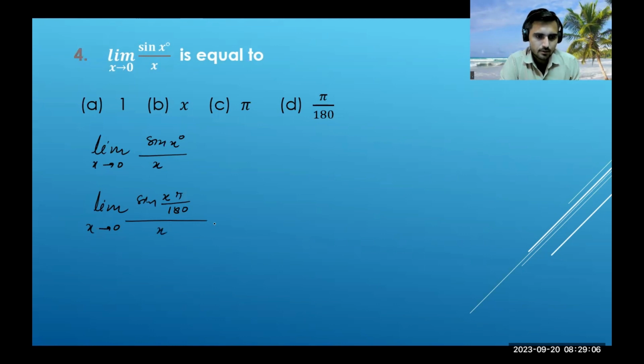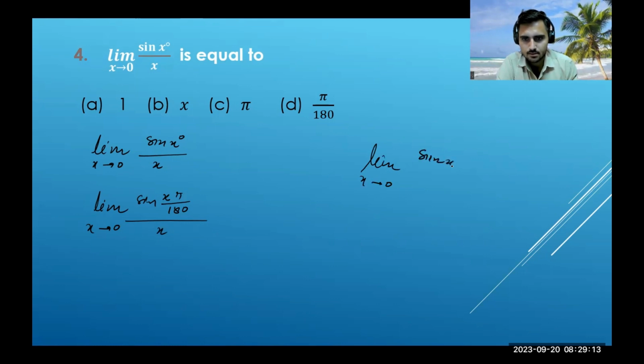Now we know limit x tends to 0 of sine x upon x is just a formula we can understand, and this expression for x tends to 0 will give us 1. So here we will make the same expression, because the angle and the denominator value should be the same.